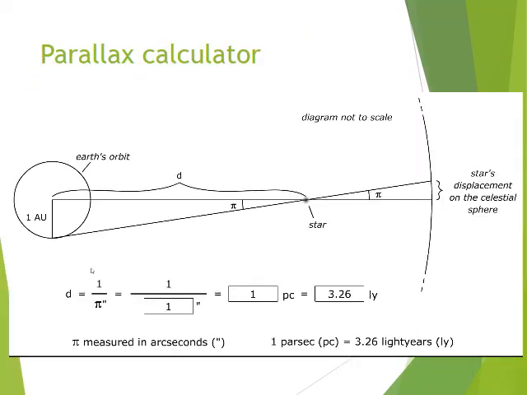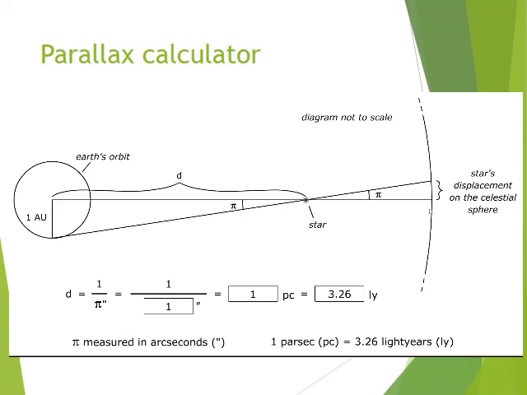Okay, so to give you a feel as to how this calculation works, here's a little simulation that does the math for you. Let's imagine we've got a star, and that star, when we view it during the course of a year, exhibits 1 arc second of shift against the background stars. Now remember what an arc second is. Remember, your outstretched pinky finger is 1 degree wide.